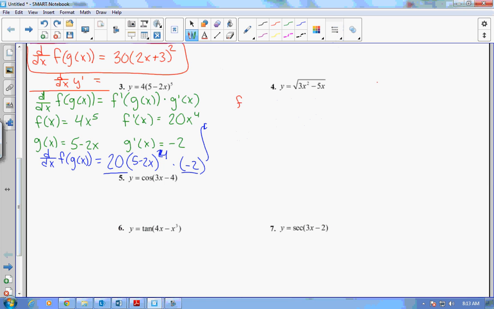So I have my g of x: 3x squared minus 5x. That's my quadratic function. There's another function there too, right? Which is f of x. What's f of x, Jake? So the square root of x, or x to the 1/2, right?